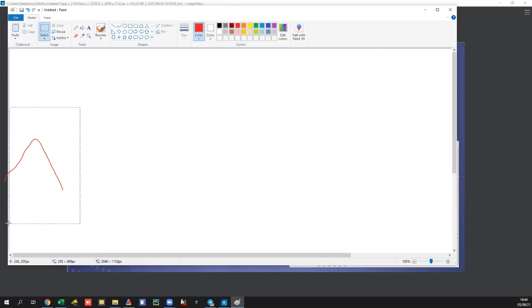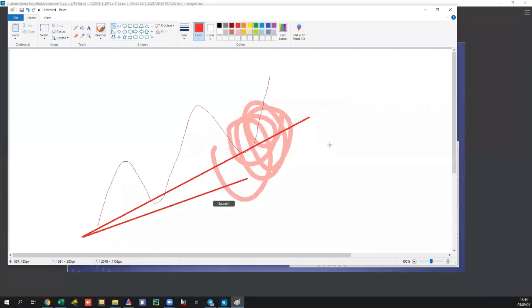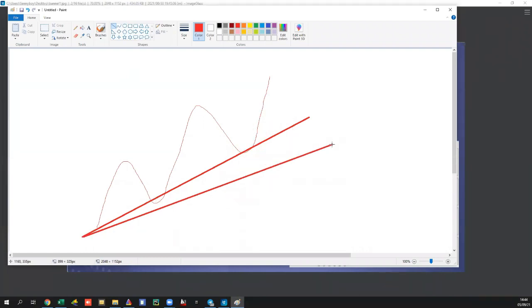Another thing is about the slope of the trends, right? If I'm saying that this is a trend, it remains an uptrend till the slope is above 0.